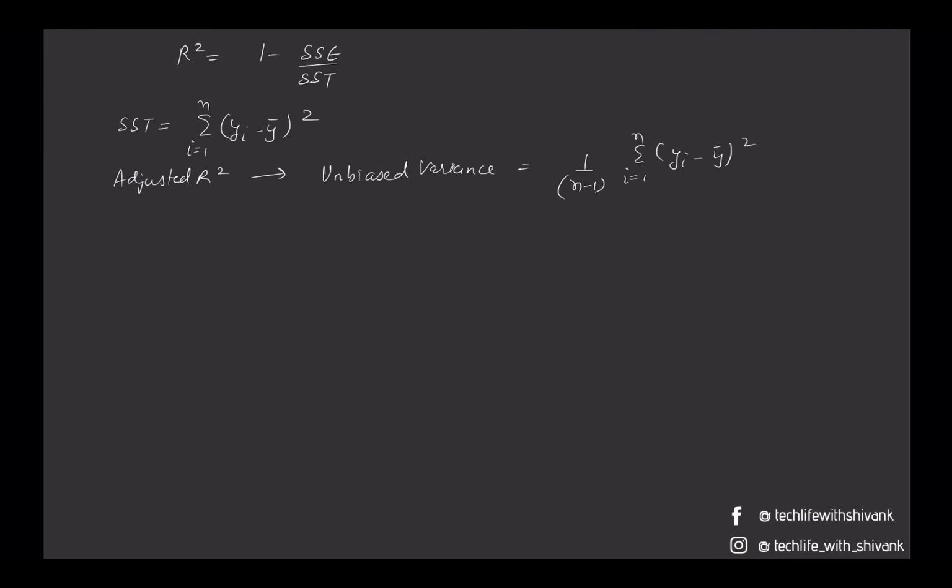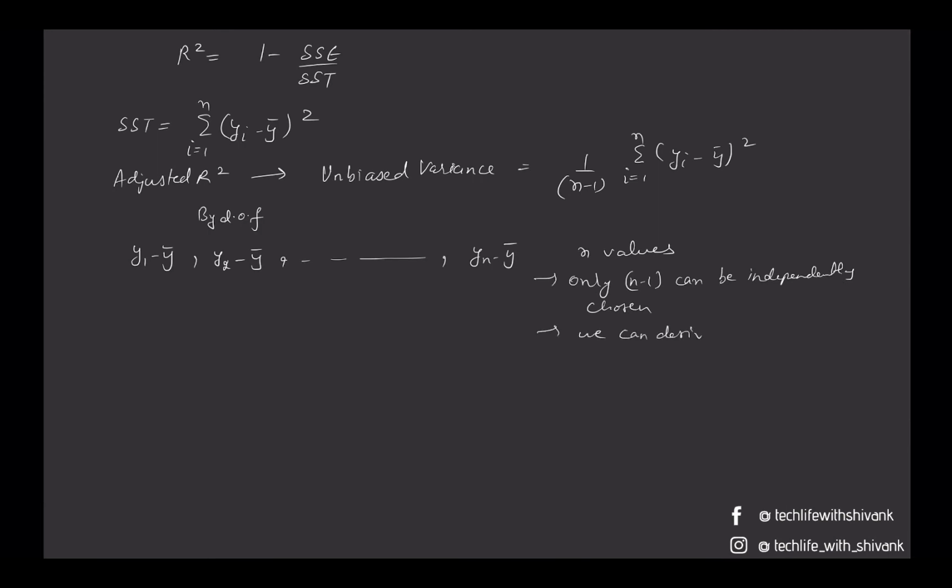Because we have n minus 1 degrees of freedom. By degrees of freedom I mean that, let's say, we have n values, y1 minus y bar, y2 minus y bar, up to yn minus y bar. We have n values, but only n minus 1 can be independently chosen, and we can derive the nth one using the rest n minus 1 values.